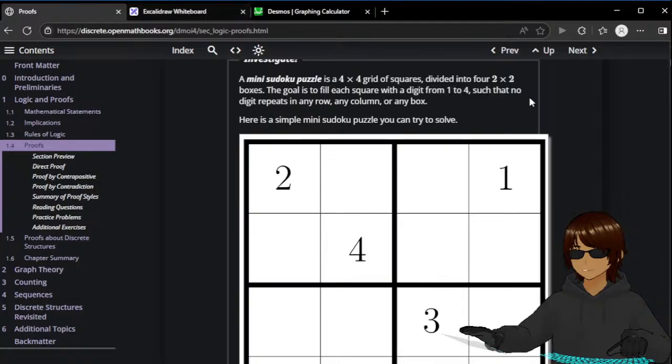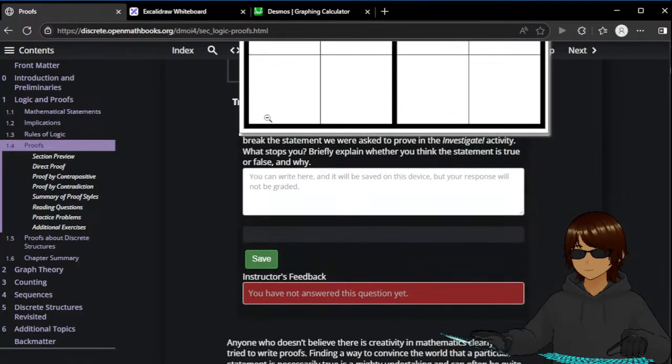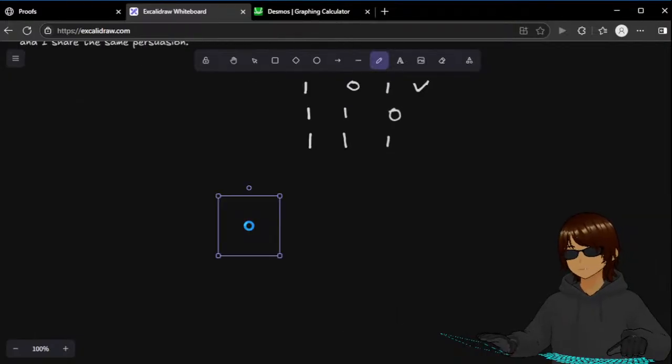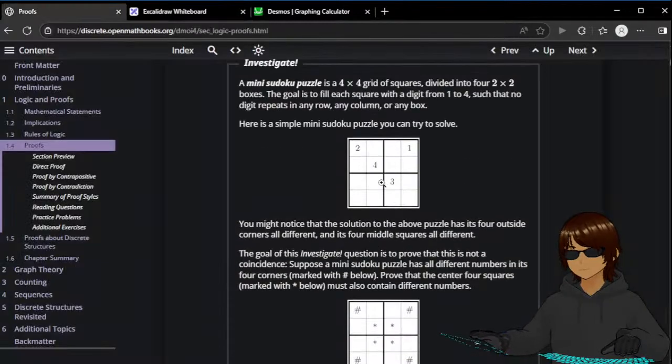Copy. How do I get rid? Yeah. Paste. Copy.